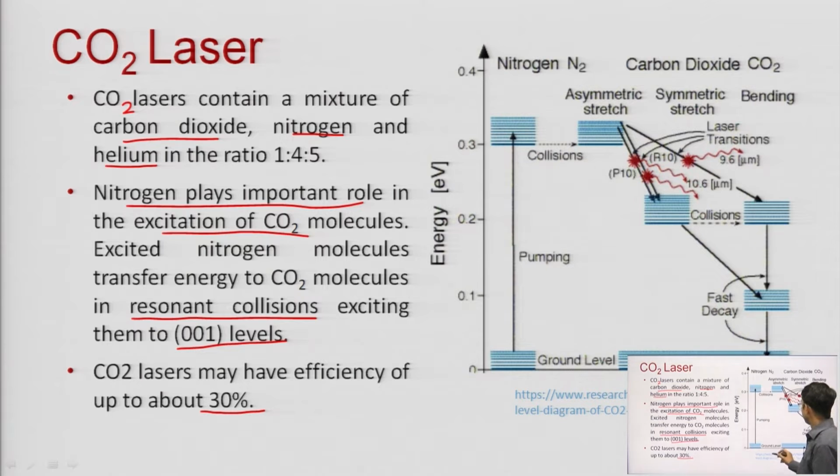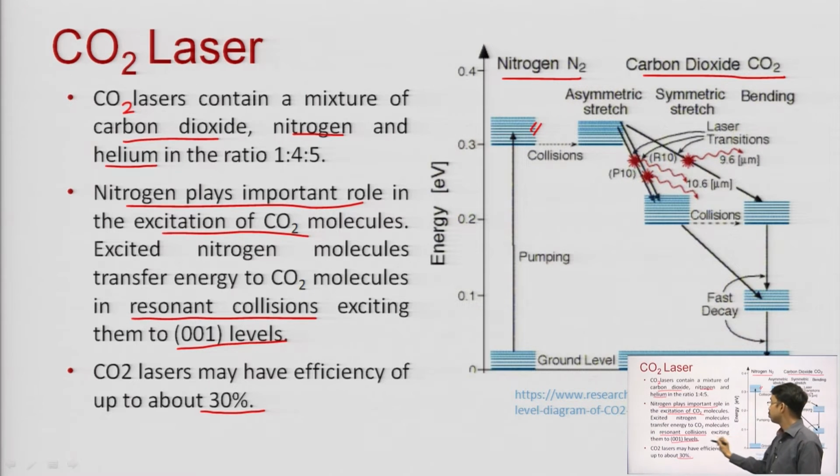So, over here this is the energy level diagram of the CO2 laser. Energy given through pumping, electron collision, is given to nitrogen and nitrogen atoms are excited, and through collision they transfer energy to CO2, exciting them to 001, the asymmetric vibrational mode.